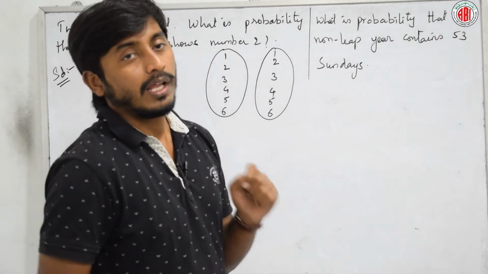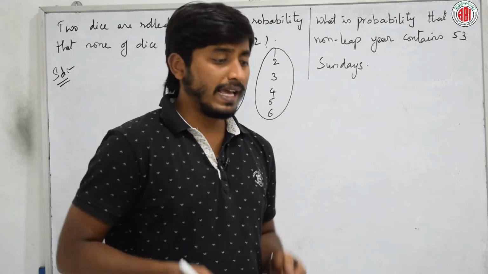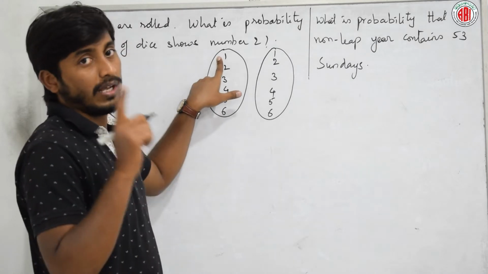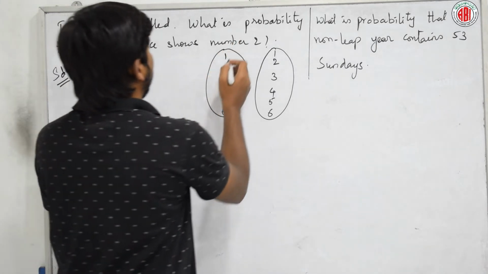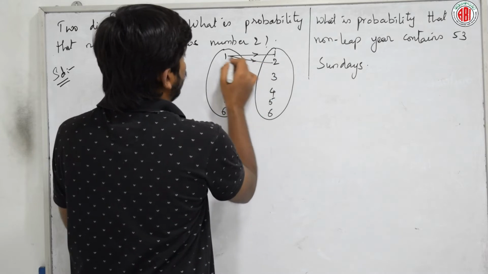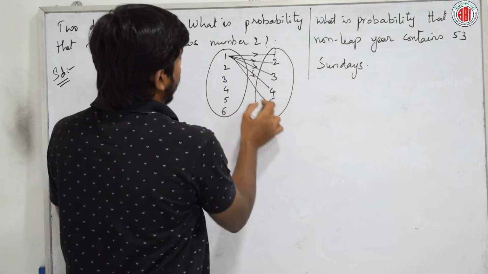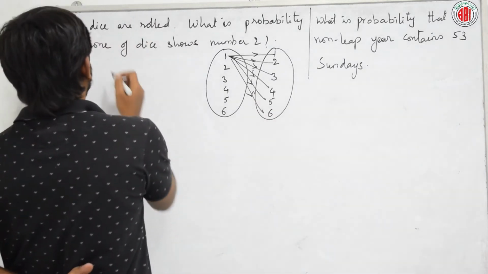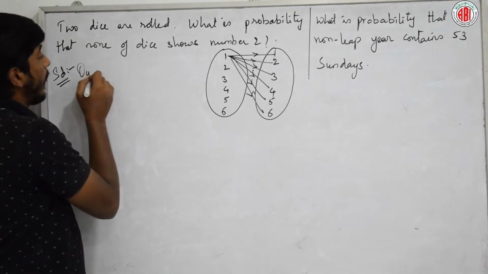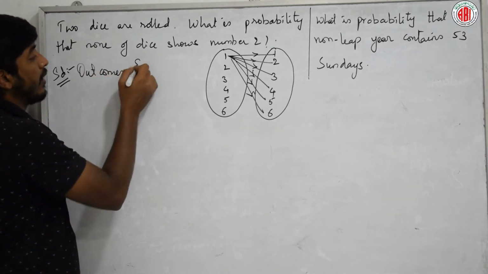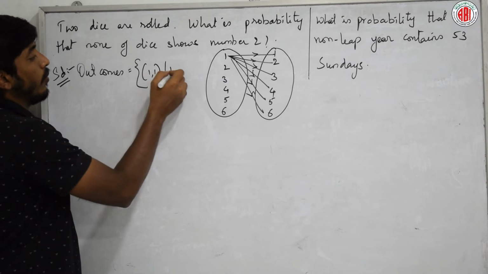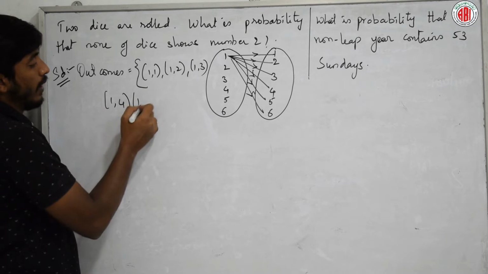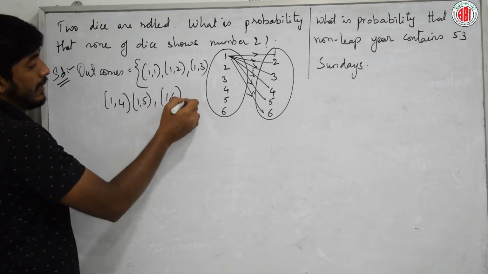So, if I throw two dice simultaneously, then if the first dice gets 1, the second dice can have 1, 2, 3, 4, 5 and 6. What are the outcomes? Outcomes are 1,1; 1,2; 1,3; 1,4; 1,5; 1,6.